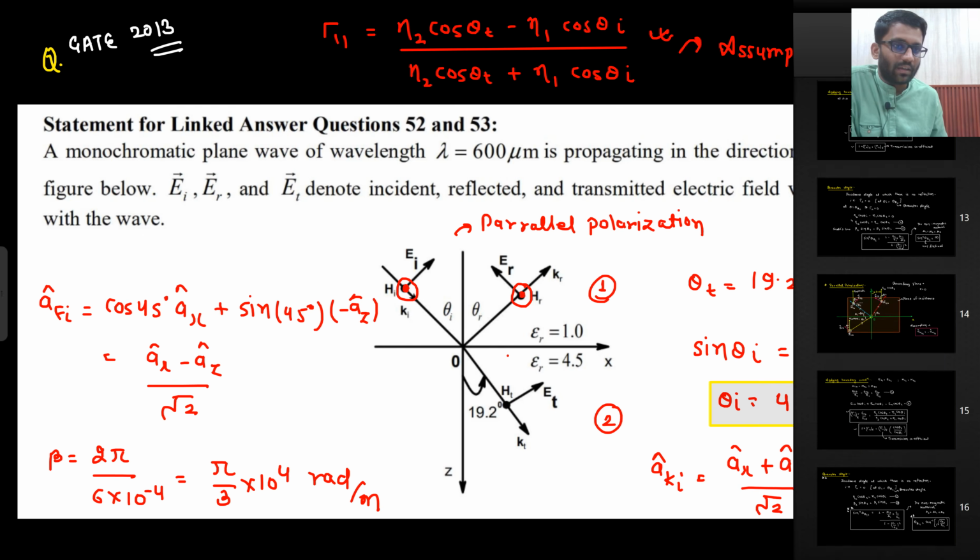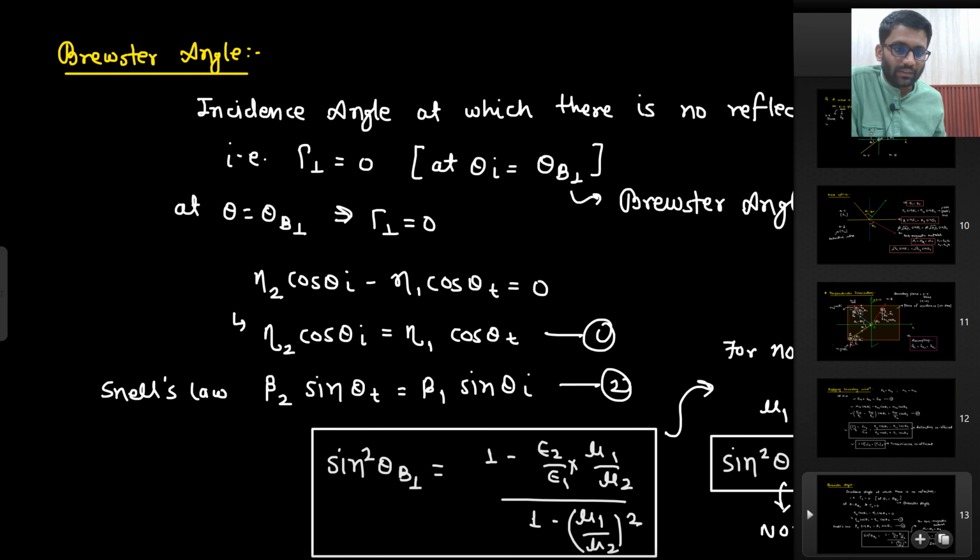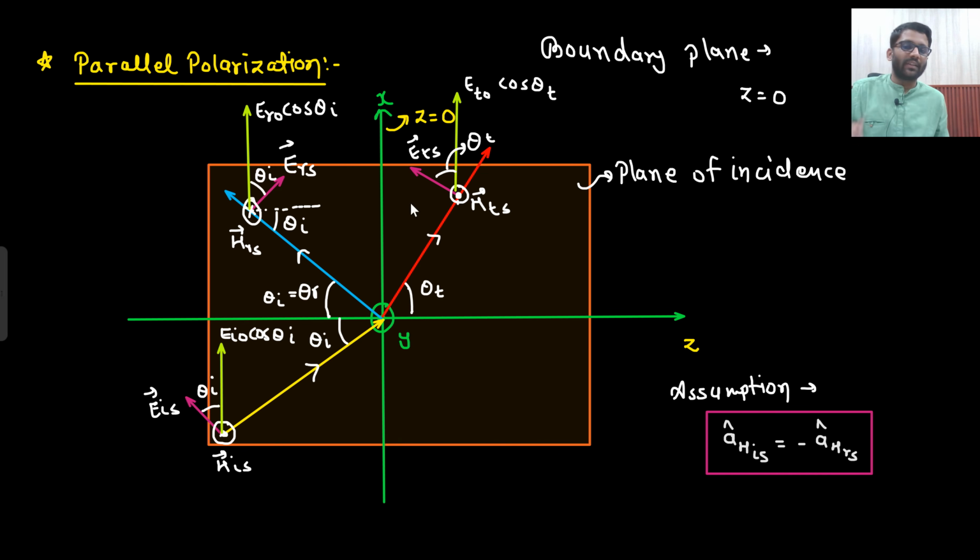We derived the formula like this. For this condition, where you can see incident and reflected, if my gamma was coming positive, then this diagram was correct. But if my gamma is coming negative, then this electric field has to change its direction. Are you getting this point?